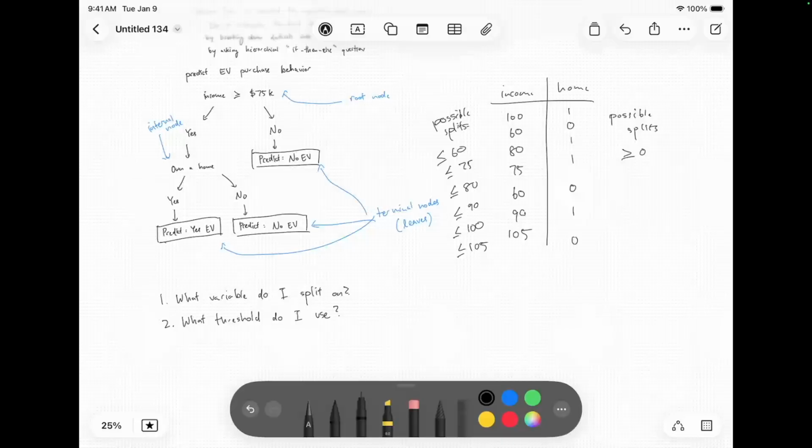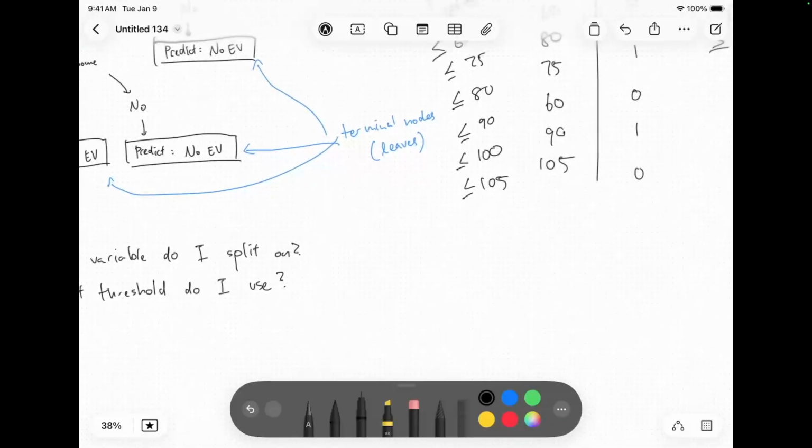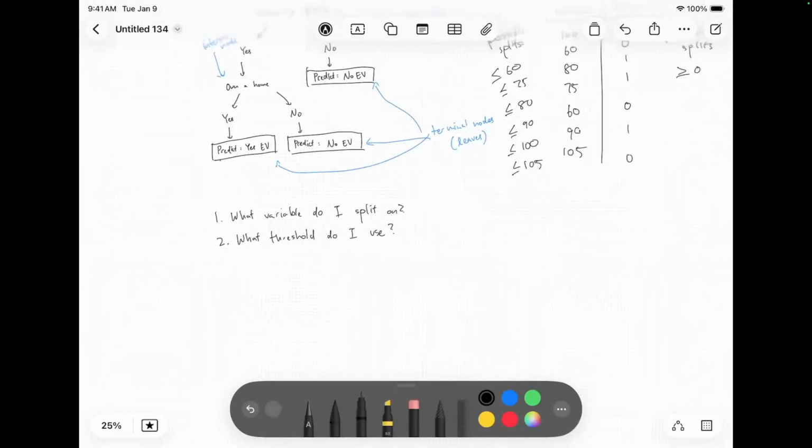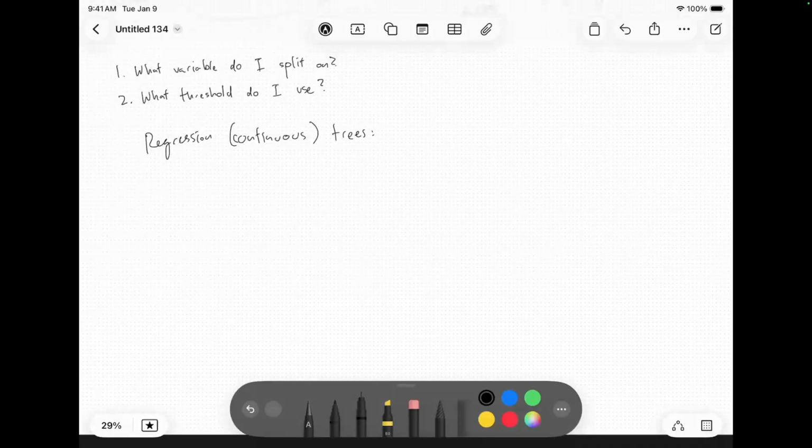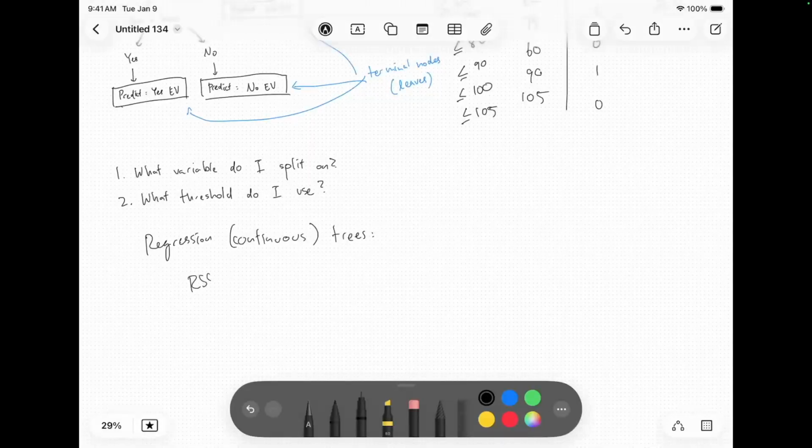So it's going to look at every possible split, and it will decide which variable and where to split it based on a particular criterion. For regression, they call it regression, but really this just means for continuous variables, it's going to be based off of our residual sum of squares.